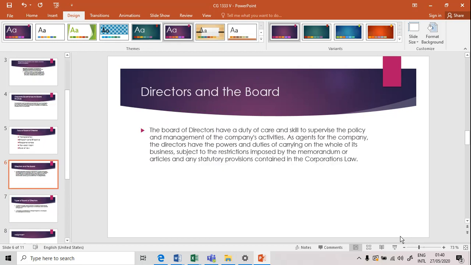The board of directors have a duty of care and skill when it comes to supervising the policy and management of the company's activities.